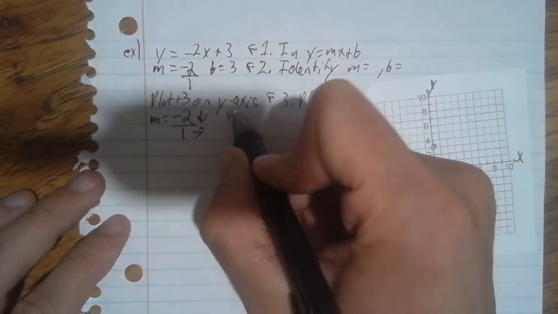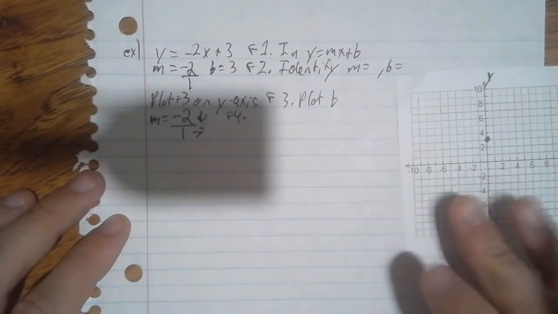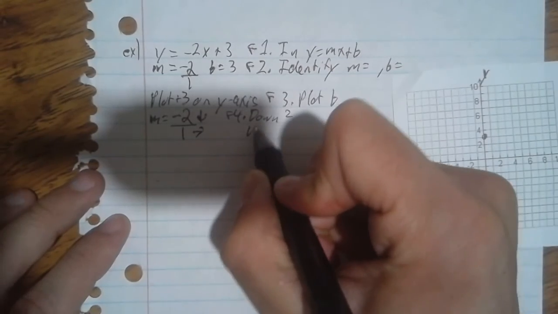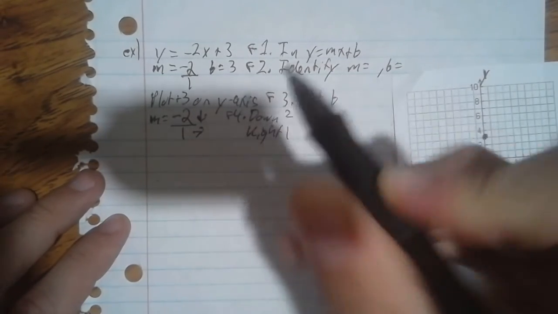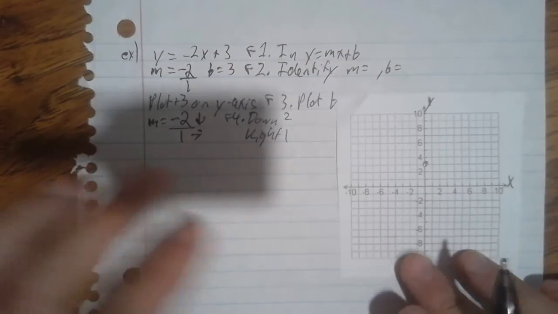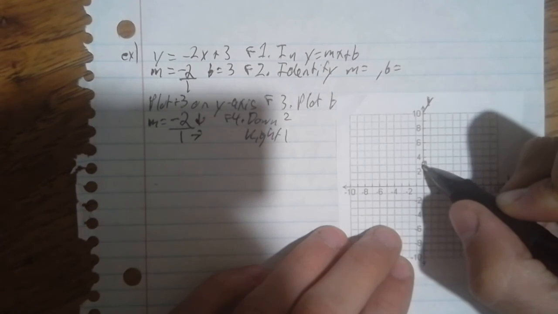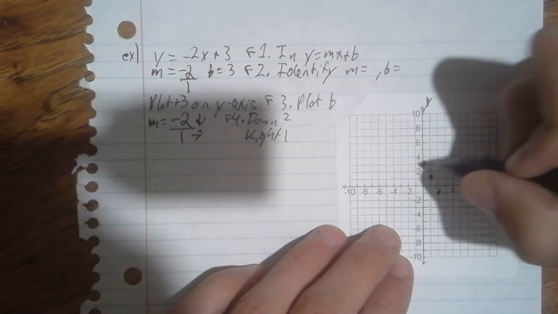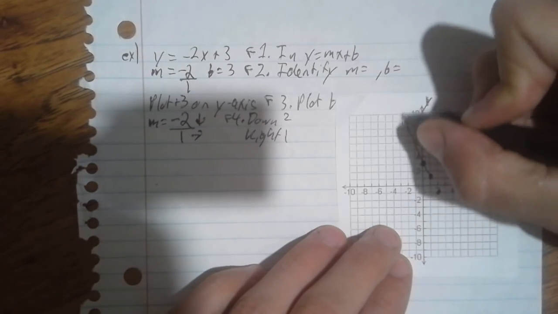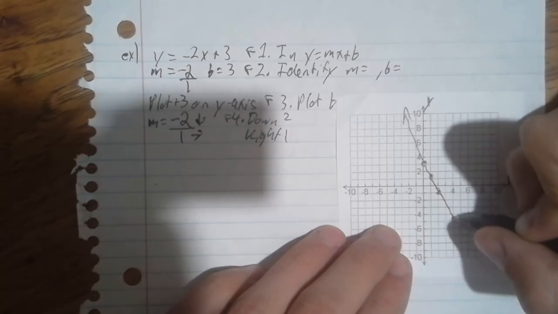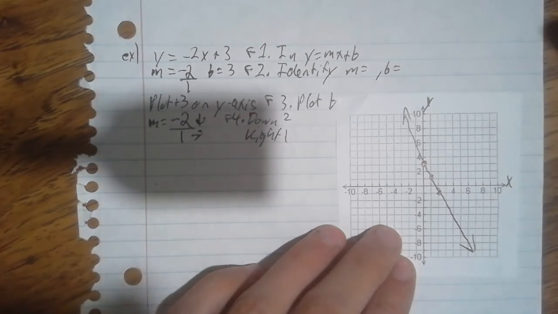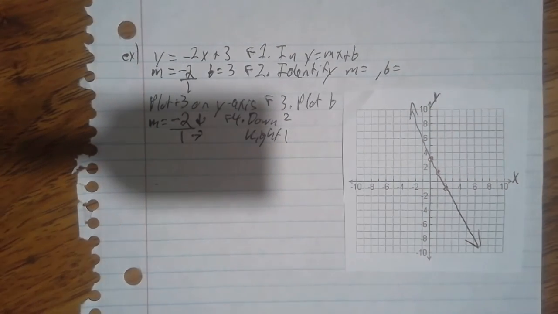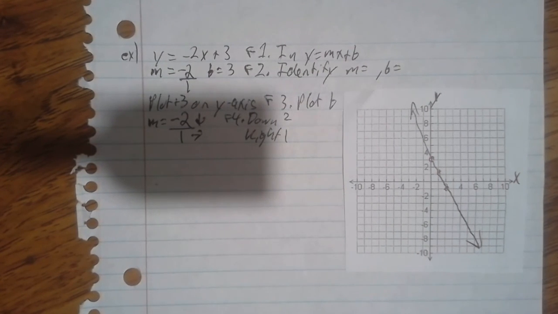So for step 4, we're going to go down 2, right 1. So down 2, right 1, down 2, right 1. And again, we could keep going, but we won't. And there's other little tricks here too that we're going to talk about actually in class. So there we go. There's our video on graphing in slope-intercept form.